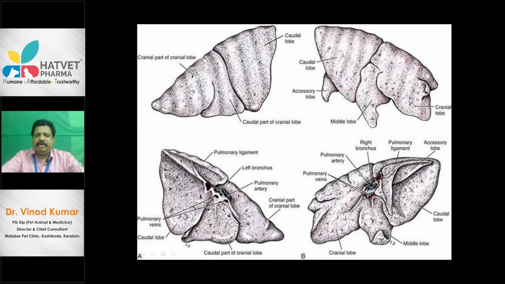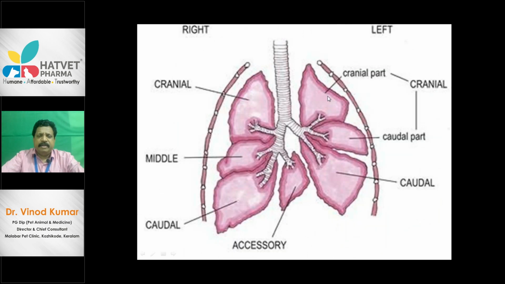This is the right lung. You can see the cranial lobe, entire cranial lobe, and there is a middle lobe, there is an accessory lobe, and there is a caudal lobe. So we saw it yesterday, and coming to another schematic representation, this is the right side and this is the left side. The tilting of the heart is towards this left side.